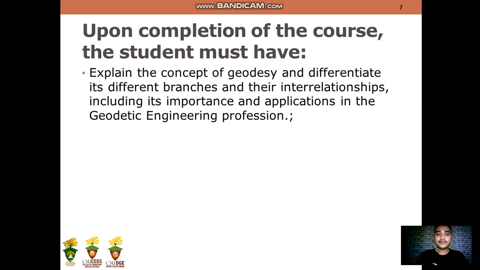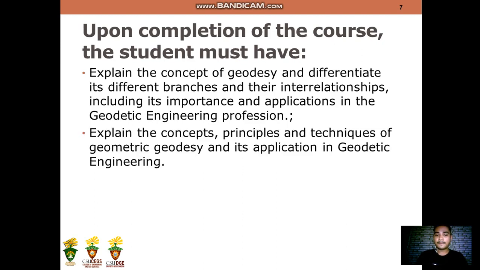For the course outcomes, expectedly, upon the completion of this course, you, the student, must be able to explain the concept of geodesy and differentiate the different branches and their interrelationship, including its importance and application in the geodetic engineering profession.